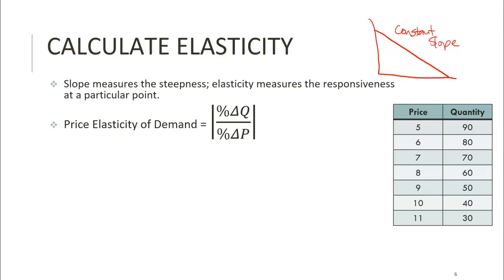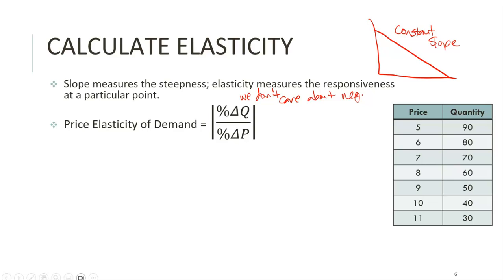Some of the books, some of the resources we're going to use have these two lines on the outside of our equation, and those represent absolute value. And what that's saying is that we don't care about the negative. Okay, so when we're trying to figure out how responsive or sensitive customers are, we do not care if it's negative or positive.